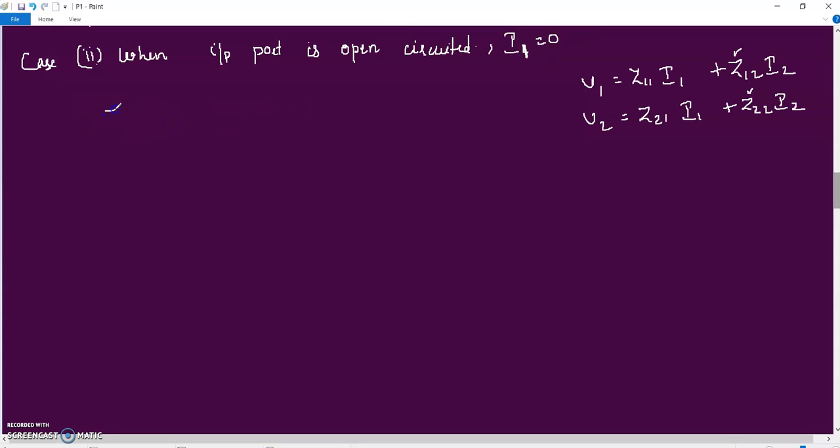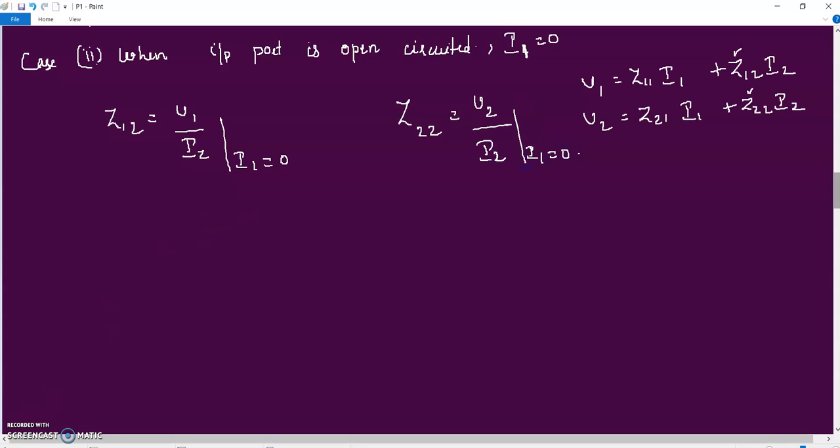We can write Z12 is equal to V1 by I2 at I1 is equal to 0, and Z22 is equal to V2 by I2 at I1 is equal to 0.